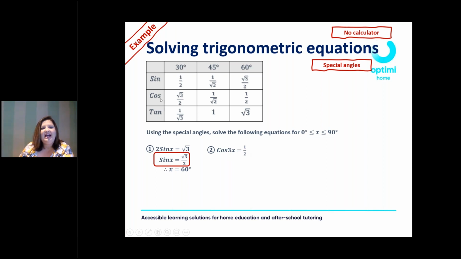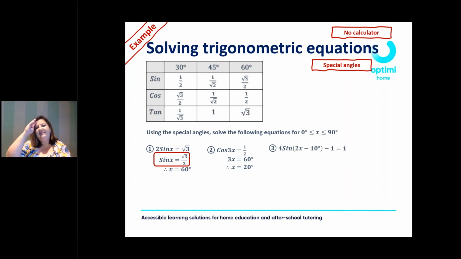I'm looking at cos, need to look in my cos line, and there I find a half. It means that my entire angle, which is 3x, is equal to 60 degrees. So how do I solve for x? Divide both sides by 3 and you will get to 20 degrees.